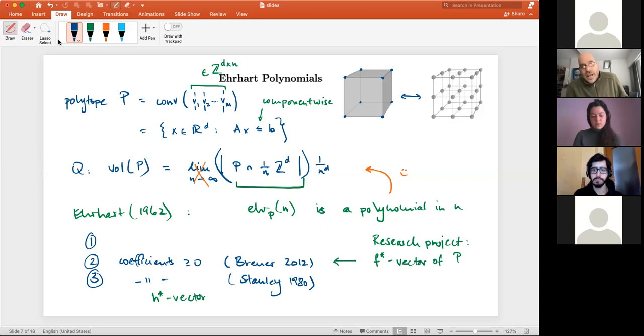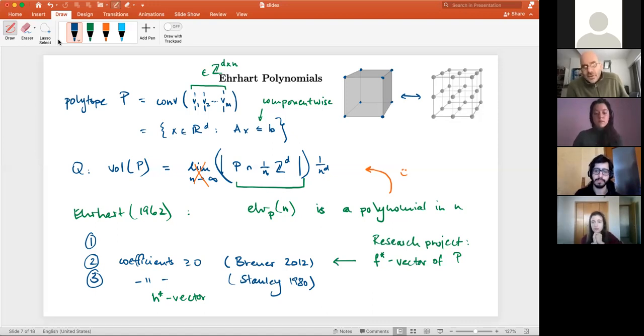If your polytope has a unimodular triangulation, the F star vector of the polytope is the F vector of the triangulation, and the H star vector of the polytope is the H vector of the triangulation. So in those cases, the fact that your coefficients are non-negative is actually a fact about triangulations. But the magic of these two theorems is that you don't need these very special polytopes that have unimodular triangulations. Those coefficients are always non-negative.